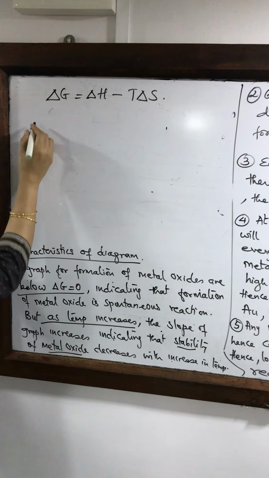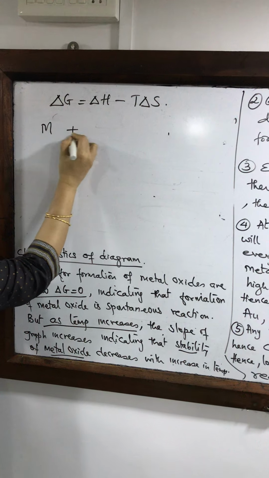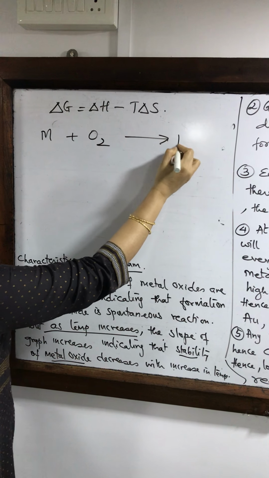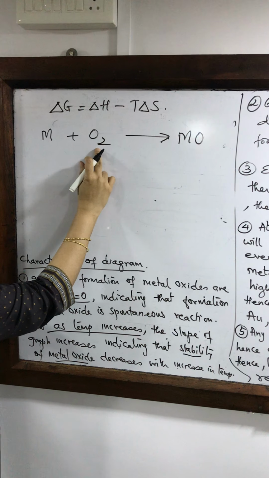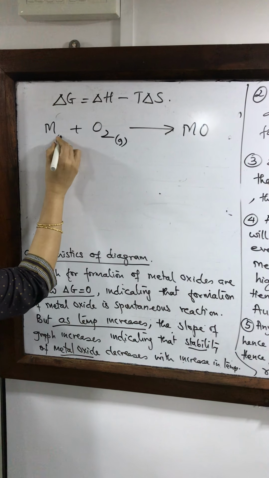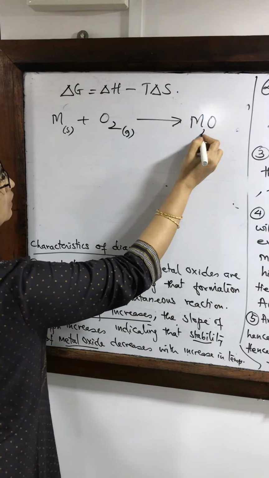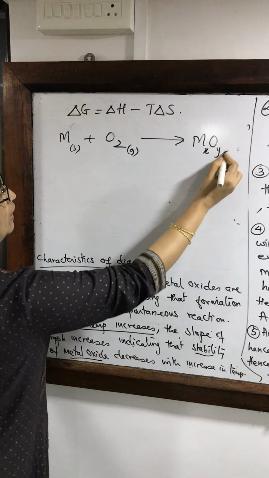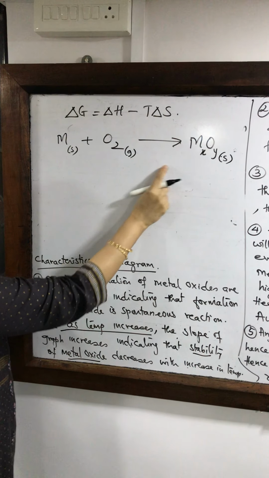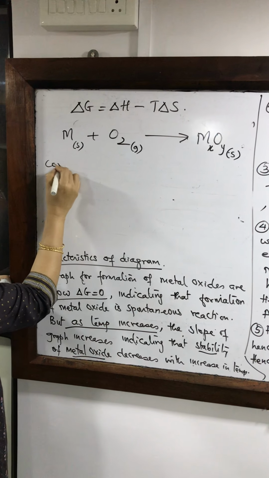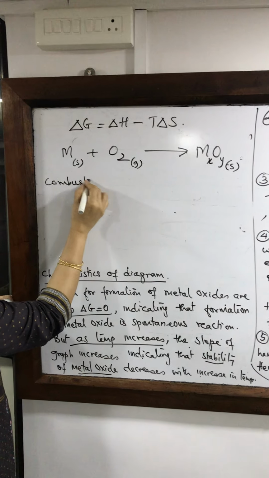Now let us consider the formation of the metal oxide. M is the metal. This is oxygen, which is gas. Metal is solid. And here we will write metal oxide. Now you will see that in this diagram, it is a combustion reaction, an oxidation reaction.